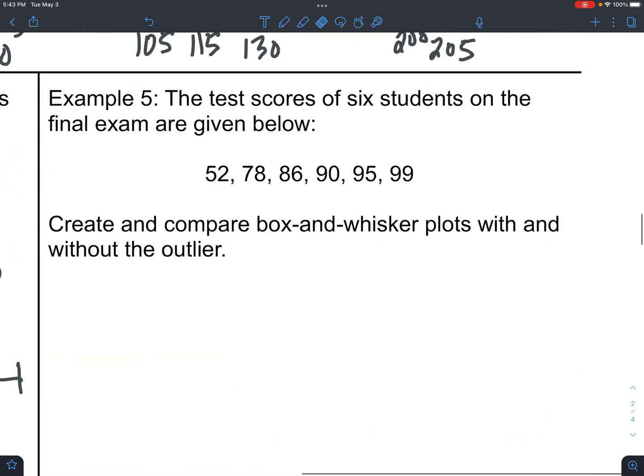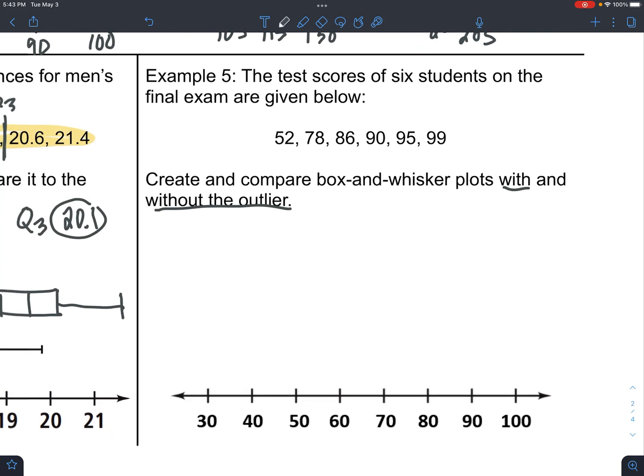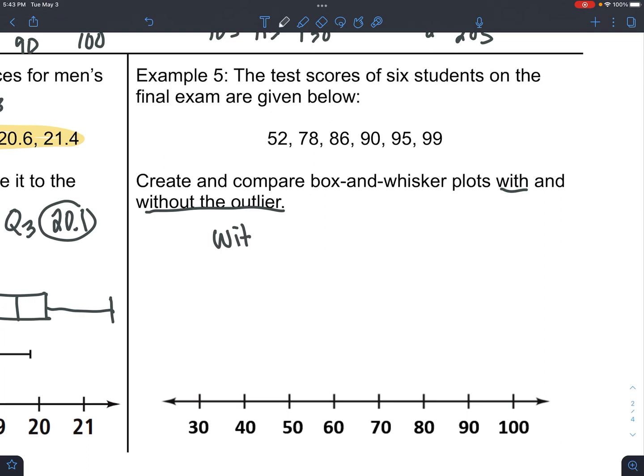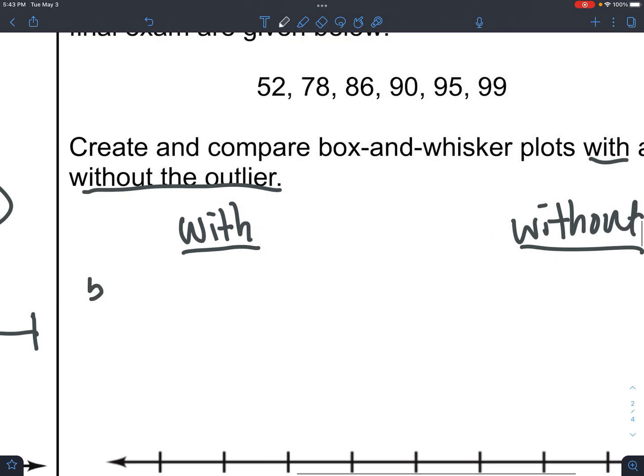So real quick here, our data's in order. We're looking to plot with and without the outlier. So with and without, let's just go ahead and circle and identify what the median and IQR are and all that.